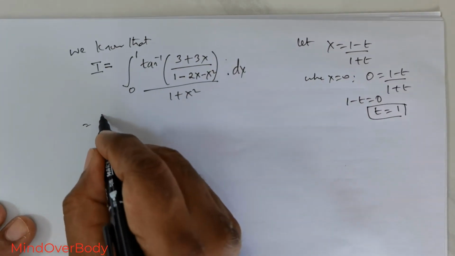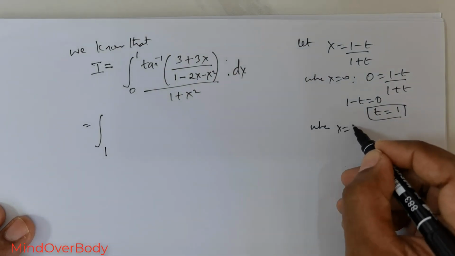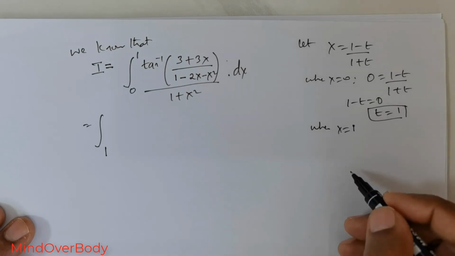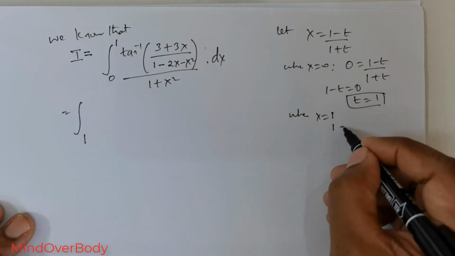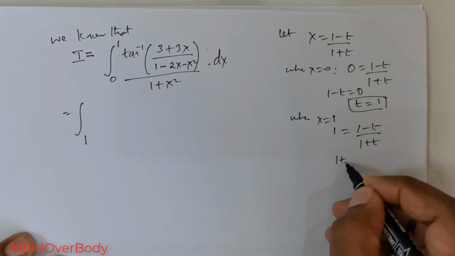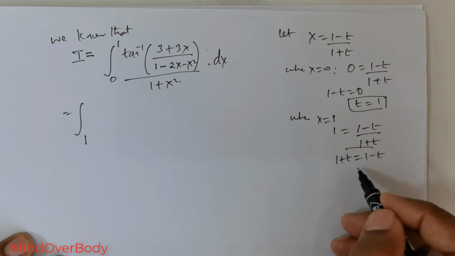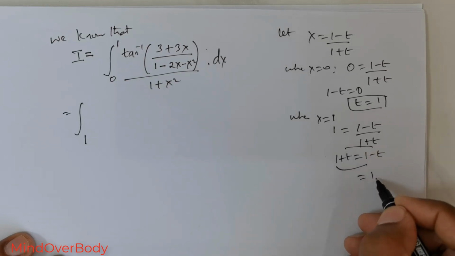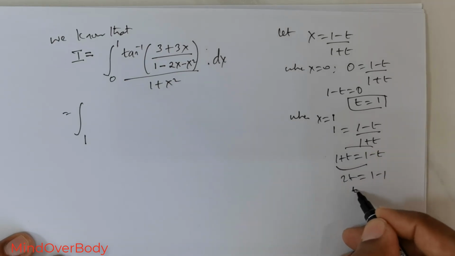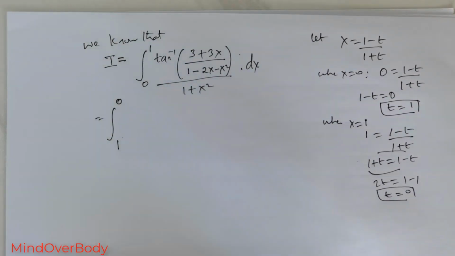Next, when x is equal to 1, what do we get? 1 is equal to (1 − t) divided by (1 + t). You cross multiply, you get 1 + t is equal to 1 − t. This will be 2t, you move this to the other side, 1 − 1, so 2t, so t is equal to 0. So the limits are 1 to 0.